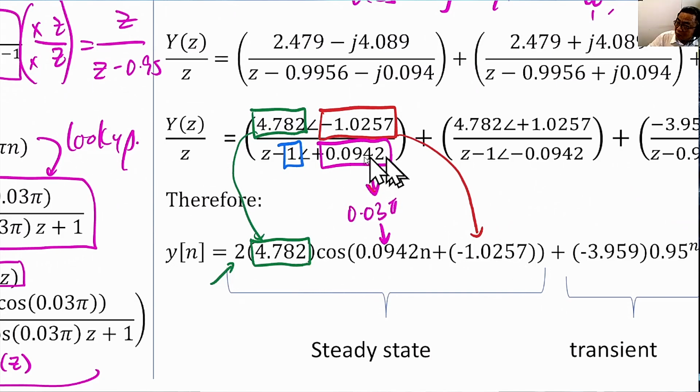Now let's continue. What about this 0.0942? This is actually 0.03 pi. So when we send a cosine of 0.03 pi, it will exist again. So the phase at the denominator is exactly the cosine's frequency.